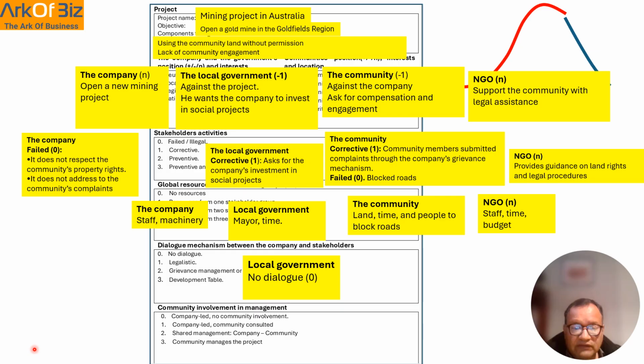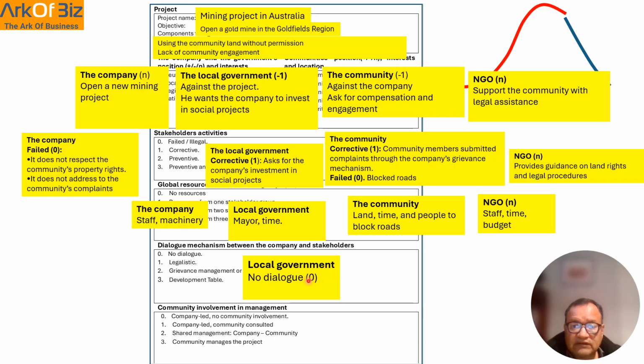So now let's go to the dialogue mechanism between the company and the stakeholders. Since the company is not considered a part of this element, since it refers to the dialogue mechanism between the company and other stakeholders.